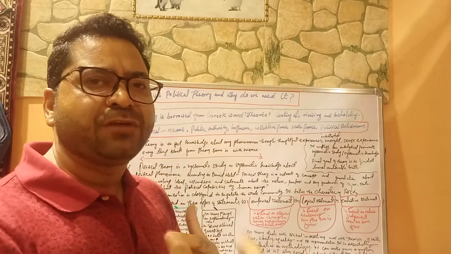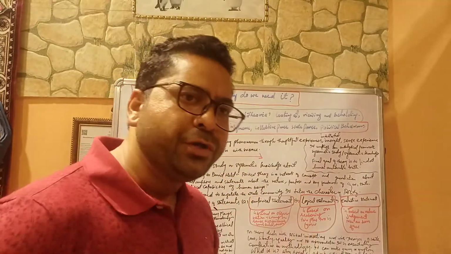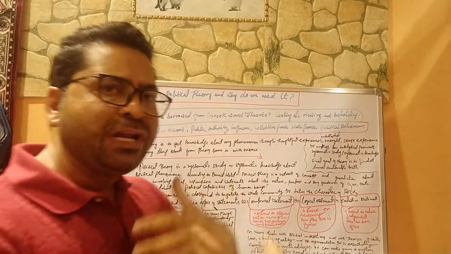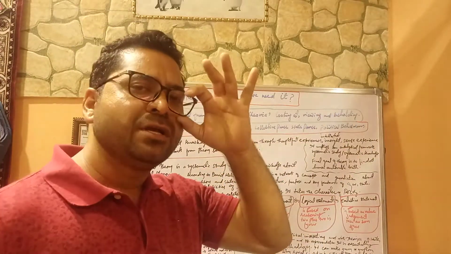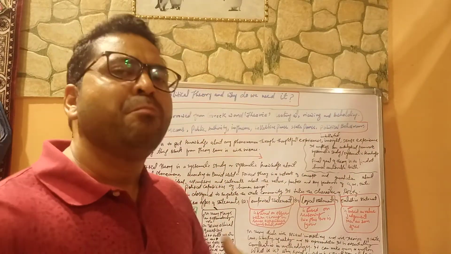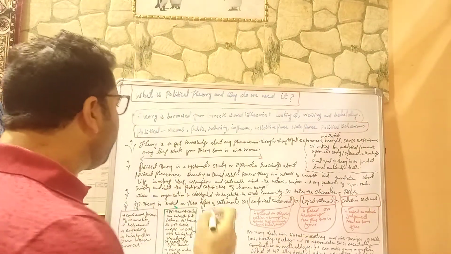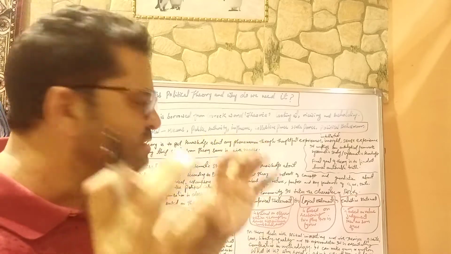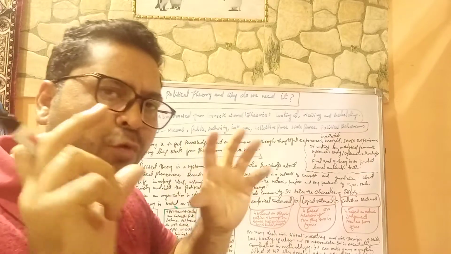We are always looking to produce something new in our society, in our subject, and we have to relate our subject with different subjects, because nowadays subjects have become multidisciplinary and interdisciplinary, and that is very important. So when we talk about political theory, it is a systematic study, a systematic knowledge about political phenomena.